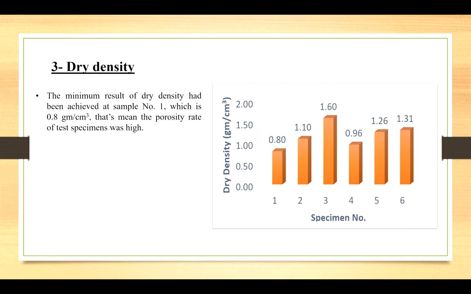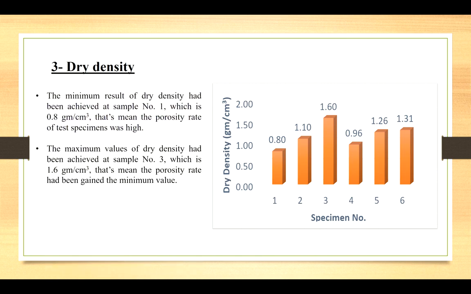The minimum dry density was achieved at sample number 1, which is 0.8 grams per cubic centimeter. That means the porosity rate of the test specimen was high. The maximum dry density was achieved at sample number 3, which is 1.6 grams per cubic centimeter.